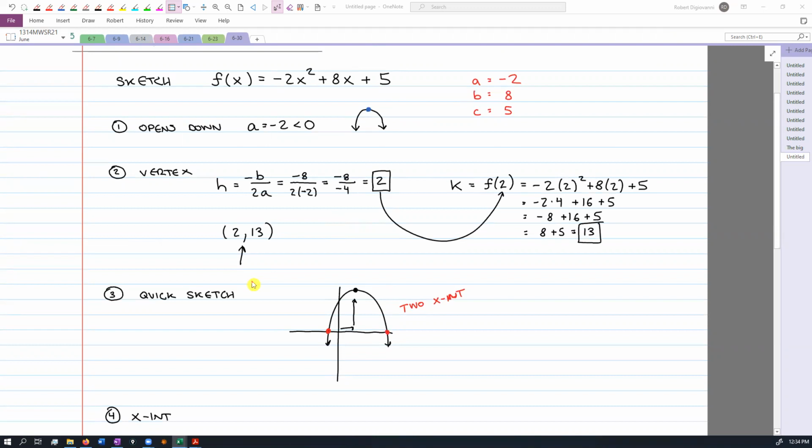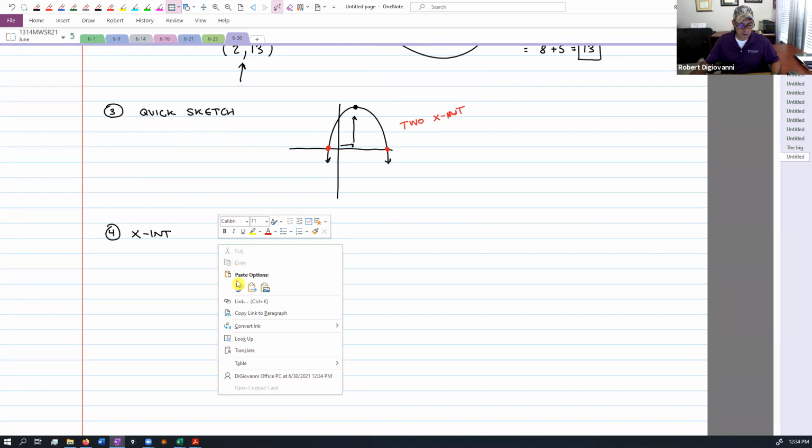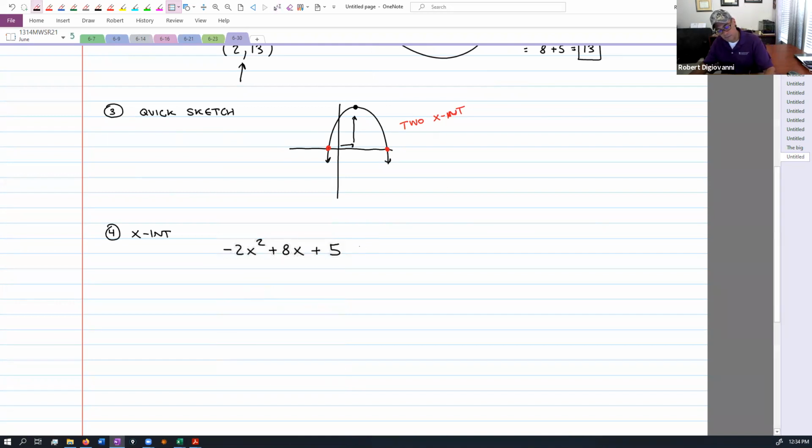I forgot. Okay, anytime with a quadratic function that you want to find the x-intercepts, you're going to take this function and set it equal to 0. That's how we find the x-intercepts for a quadratic. We take the original function, set it equal to 0 and solve.